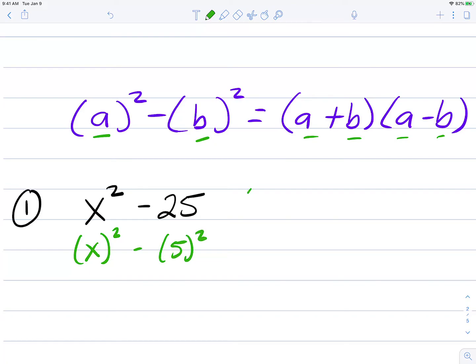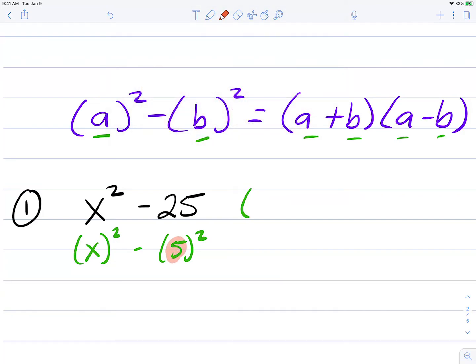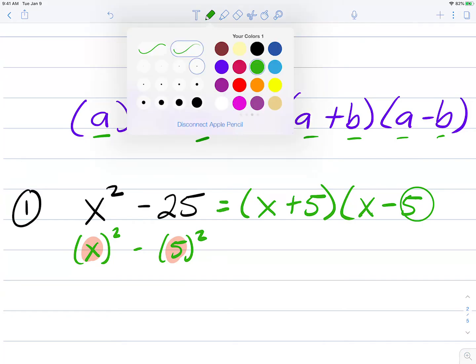So we are going to take the two pieces that we are squaring. In the first binomial, I'm going to add them, and in the second binomial, I'm going to subtract them. And that is the factored answer of x squared minus 25.